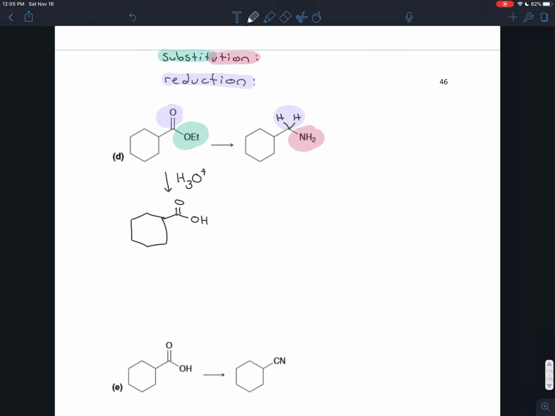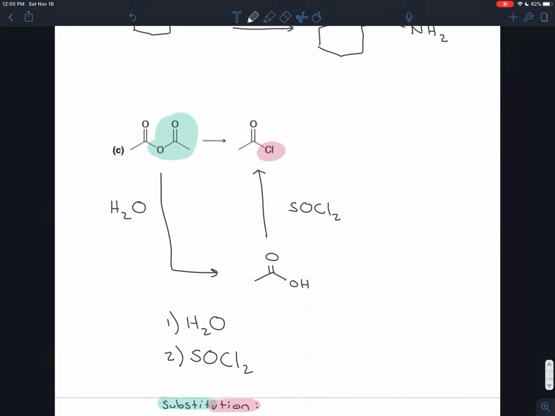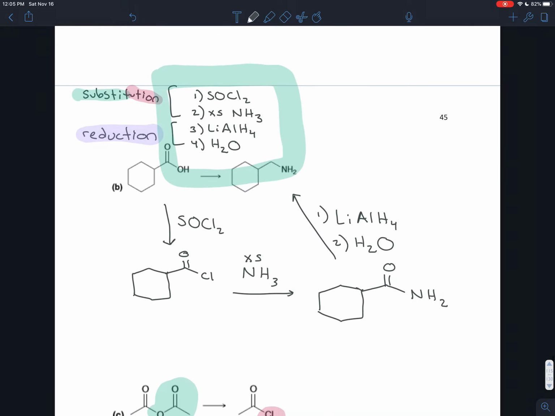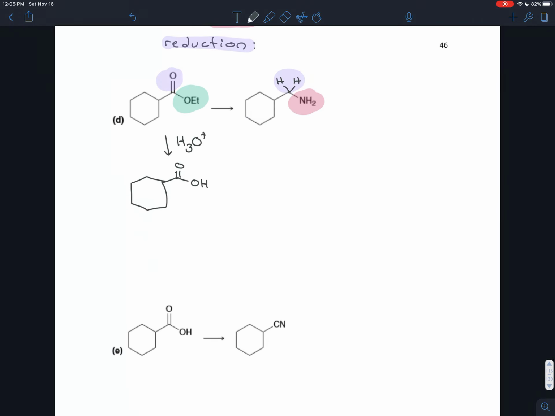Well, I'm stuck there, although, I guess we can try to replace that with an amine somehow, although we can't do that at once. We've seen that in the previous example up here. Because, first of all, this is an acid, and if we try to treat it with excess ammonia, ammonia is a base, so you'll end up doing an acid-base reaction.